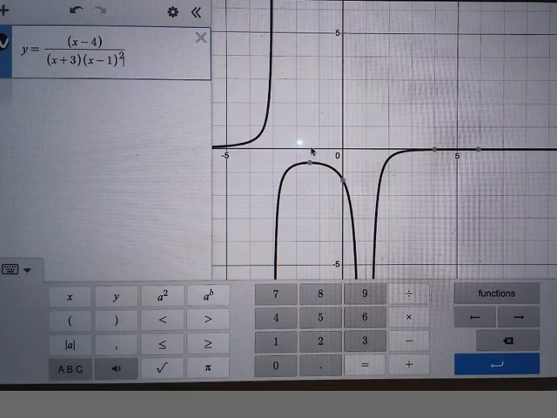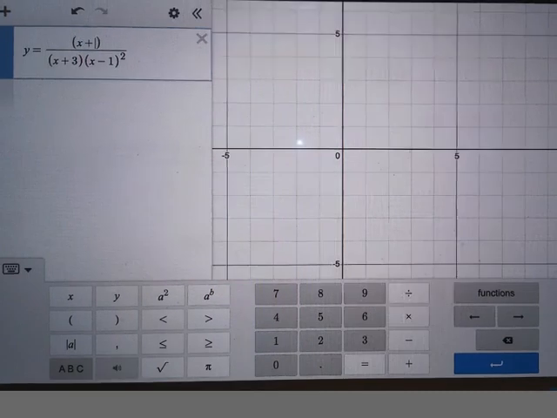If I wanted to bounce off, it's going through at 4 because of that. Let's say I wanted to touch at 1, minus 1. I would change this to plus 1.